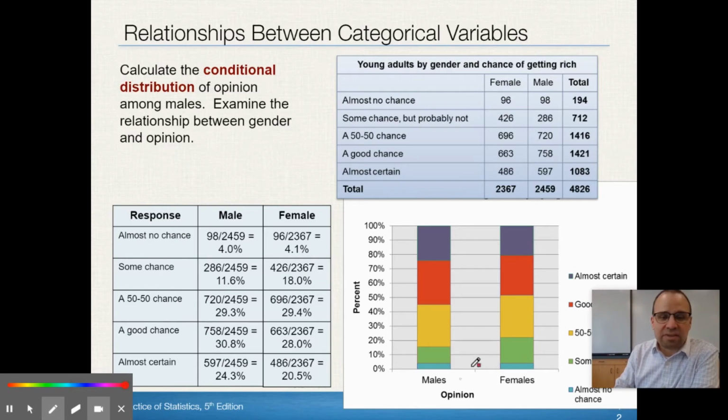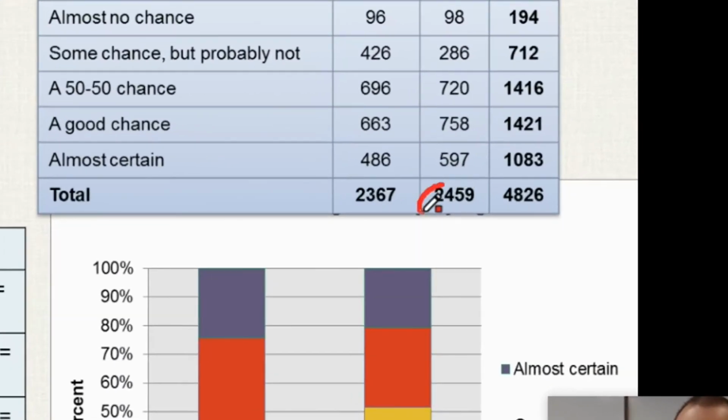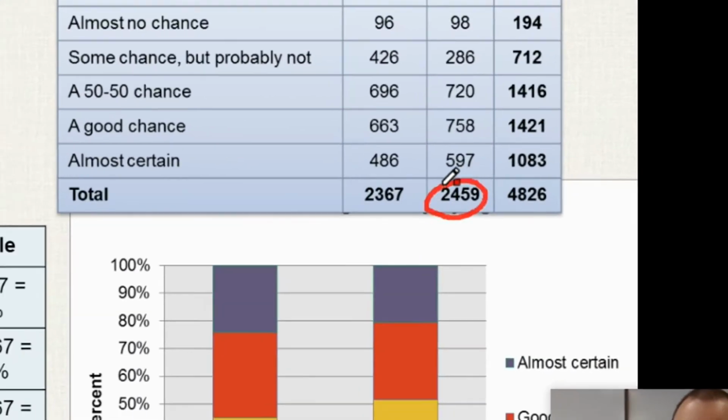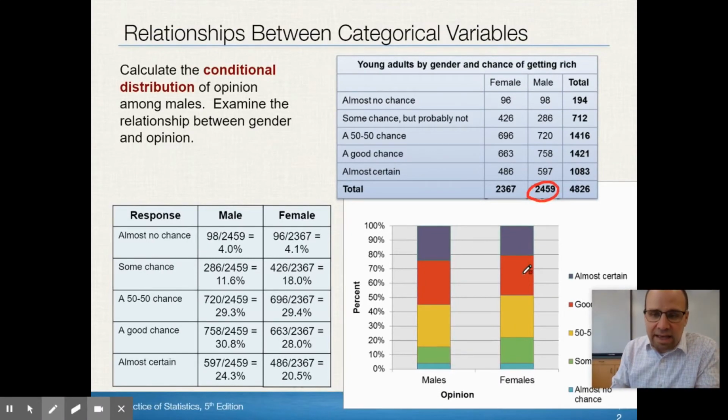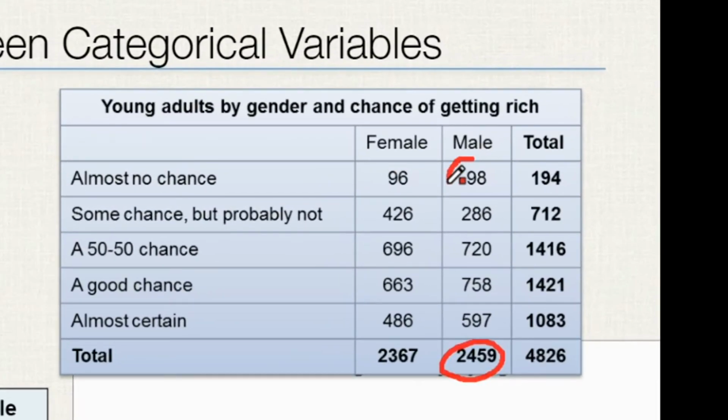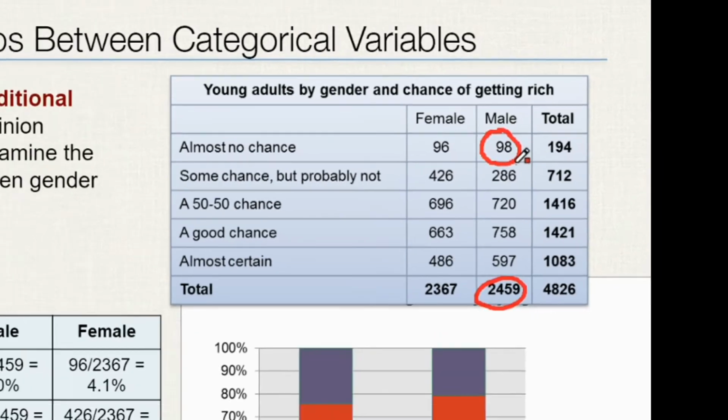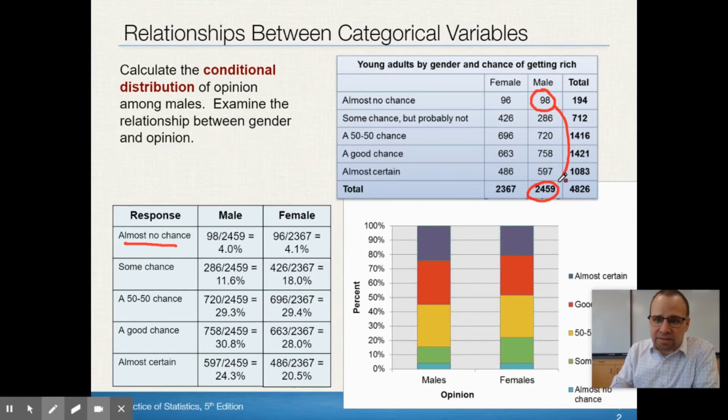So given the fact that someone is male, I'm going to circle that total. That's what we're going to be dividing by. Given that, or out of all the males, what percent believe they have almost no chance? Well, now you go up here to almost no chance. This conditional probability would be 98 divided by that number. So look for that word given or look for out of. You have to find the condition for the conditional probability.